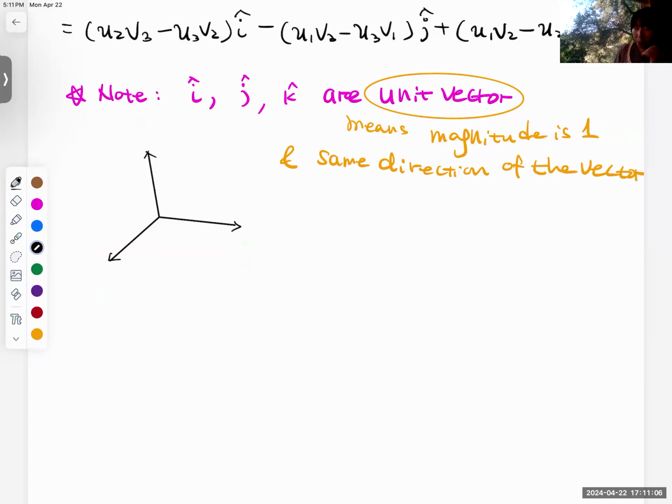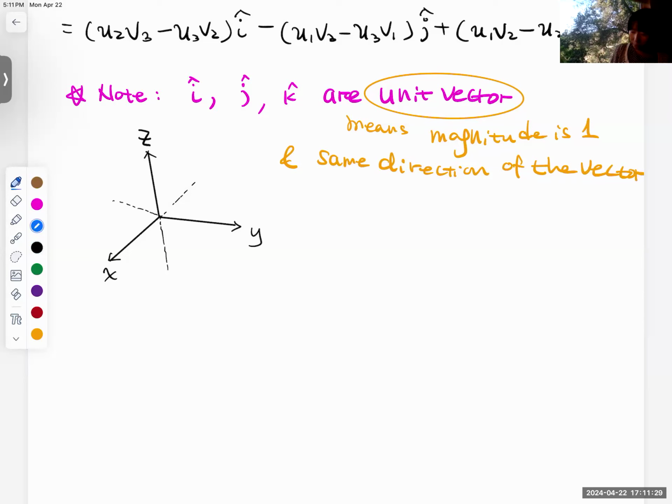Okay, but then in 3 dimensions, this is the x-axis, and this is the negative x-axis. And this is the y-axis, and this is the negative y-axis. And this is the z-axis, the third one, and this is the negative z-axis, right?